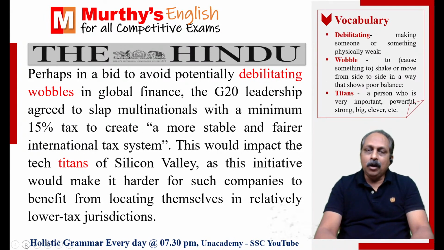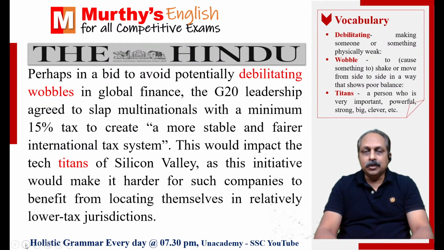Perhaps in a bid to avoid potentially debilitating wobbles in global finance, the G20 leadership agreed to slap multinationals with a minimum 15% tax to create a more stable and fairer international tax system. As I said, one of the dimensions deals with the multinational companies and imposing tax. This sentence talks about handling the fragile global financial situation.